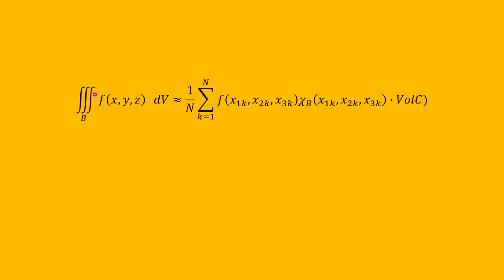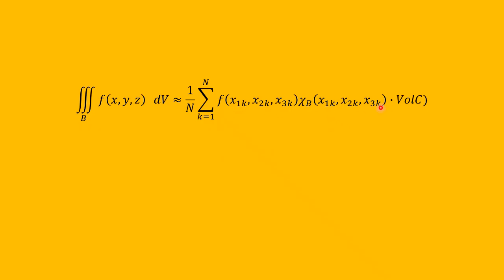So we have the triple integral over B of f of x, y, z dV is, by the law of large numbers for large enough n, approximately equal to 1 over n, the sum where k goes from 1 to n, of the function evaluated at a randomly selected point in the cube times the characteristic function of the ball at that point in the cube times the volume of that cube.